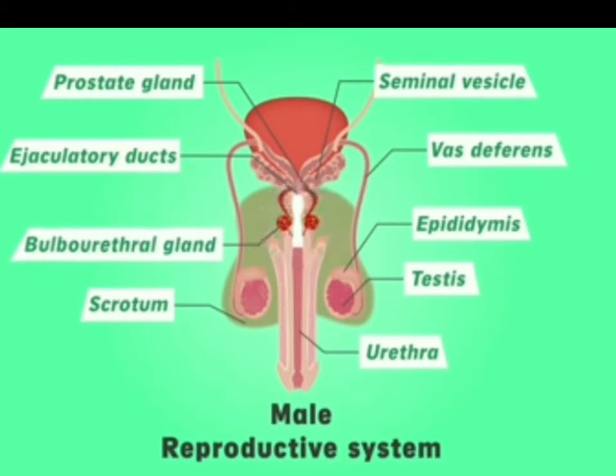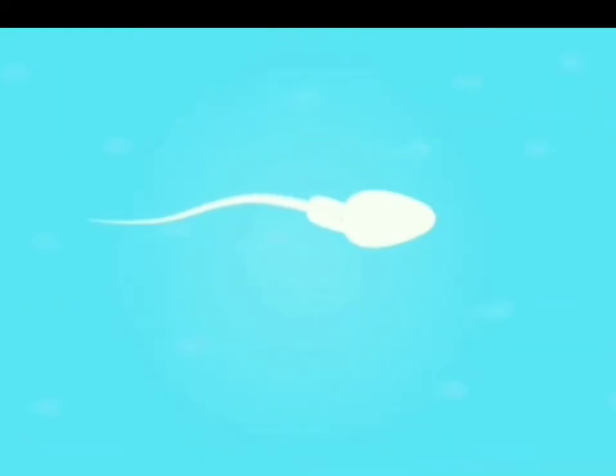It will also produce its secretion, and now the sperm, which is mixed with the fluid, is passing through the urethra, and it is coming out through the penis. Understood? So this is the male reproductive system. I hope you have understood this.